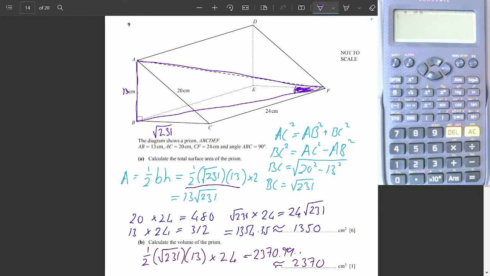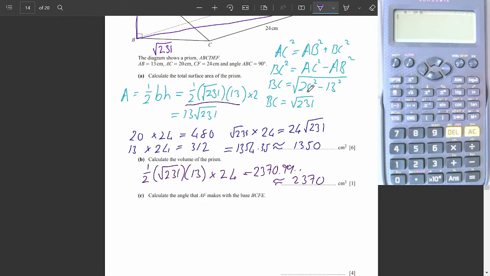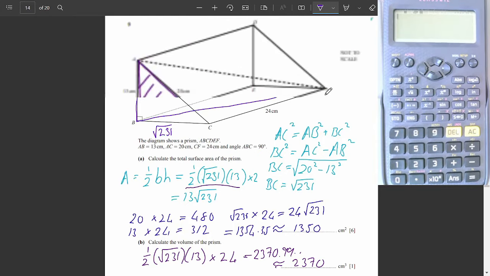Now remember, this is trigonometry. We're working with right angle triangles, so we're talking about Pythagoras here. But if angles get involved, it's going to be SOHCAHTOA. But before we can use SOHCAHTOA, we need more information, because in this triangle I only have the 13 and the angle. I need one more side.